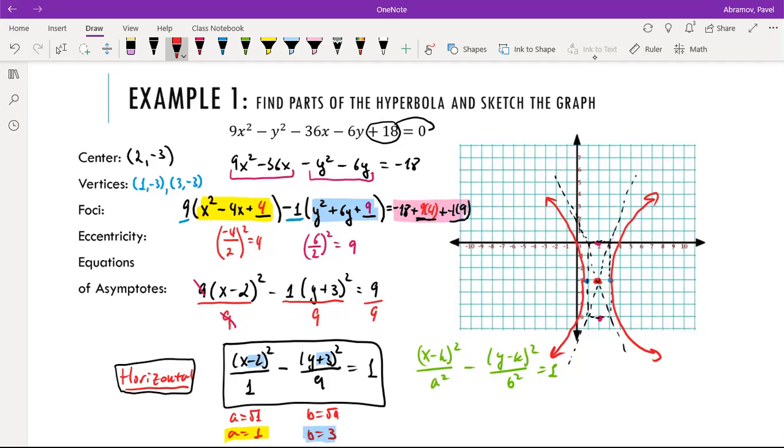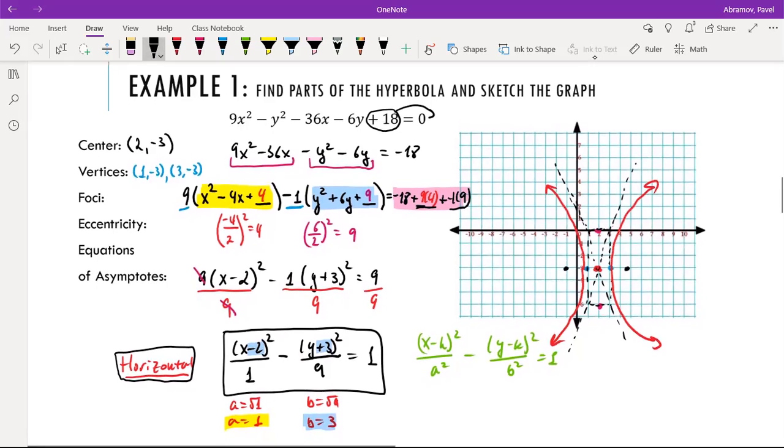So we need to find the foci. The foci will be inside of our hyperbola, somewhere here. I don't know exactly where they are, but visualizing them will help me find the coordinates. We remember that c is the distance, and the formula is c equals the square root of a squared plus b squared.